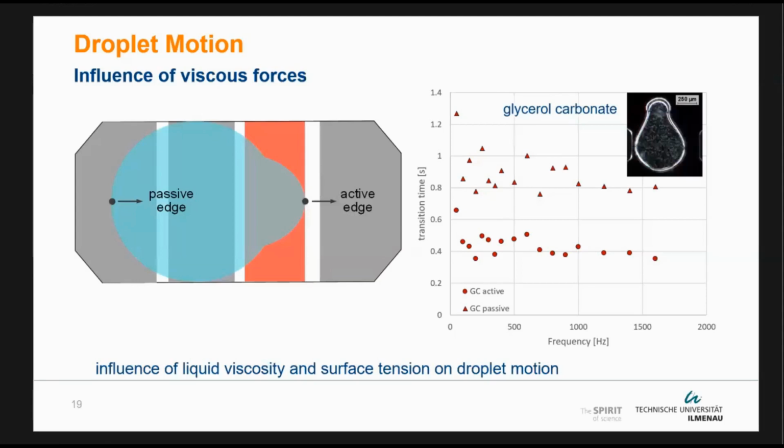And if we have a look at the motion times of the active edge here with the circular points, it is way faster than the passive edge, which is about 2 to 5 times slower. Also something that has to be considered with the design of such microfluidic systems.